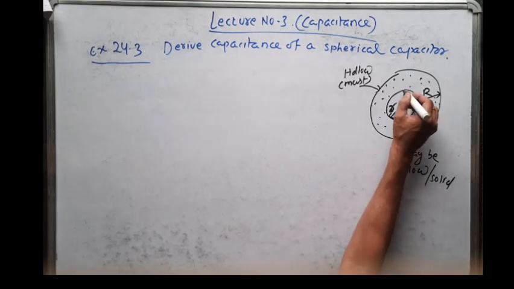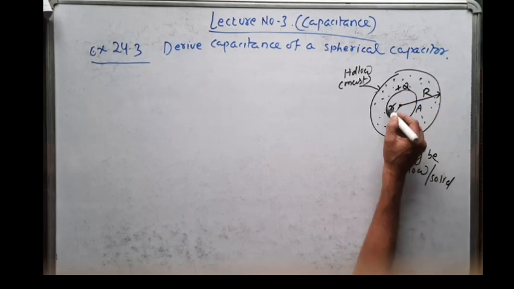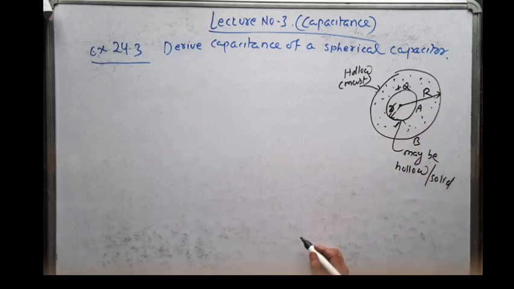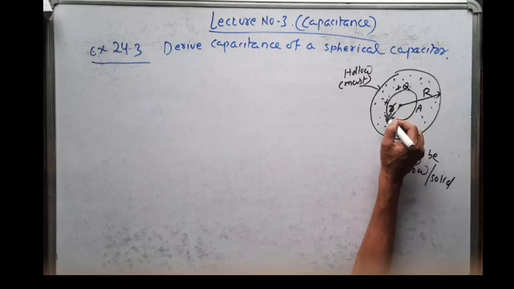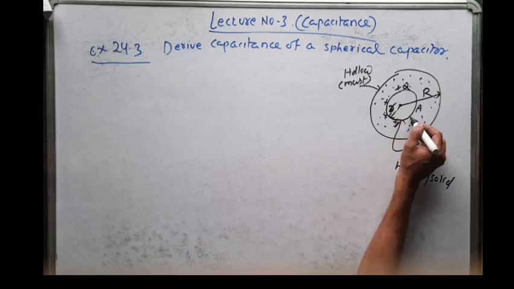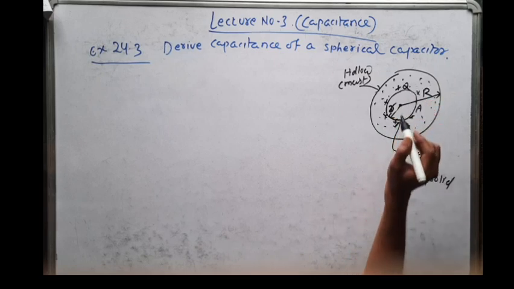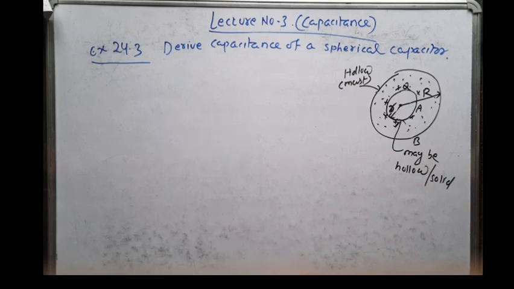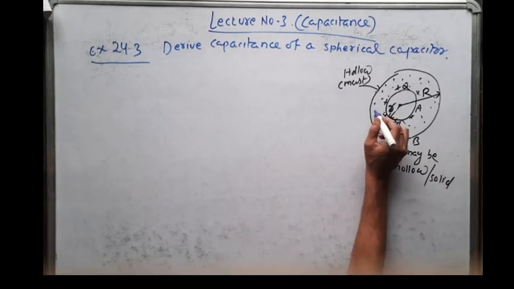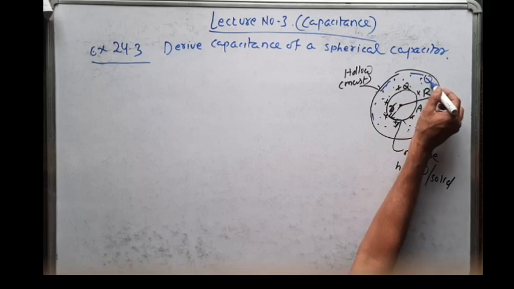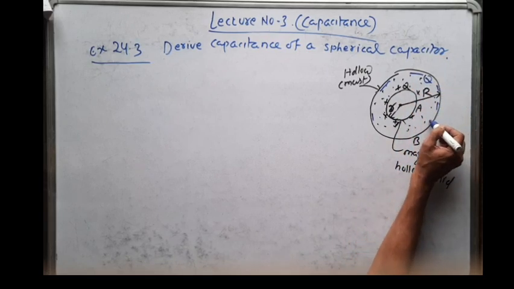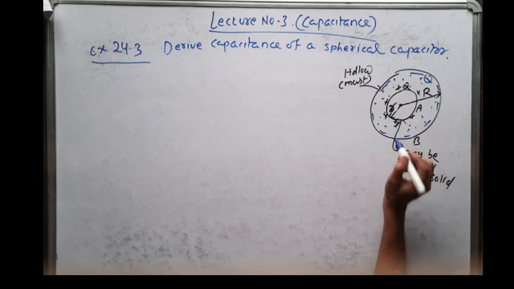capacitance? You see, suppose we are giving a charge of plus Q to the surface of the A sphere. Then what will happen? If the charge on the outer surface of the inner sphere is plus Q, then it will induce a charge of minus Q on the inner surface of the outer sphere.